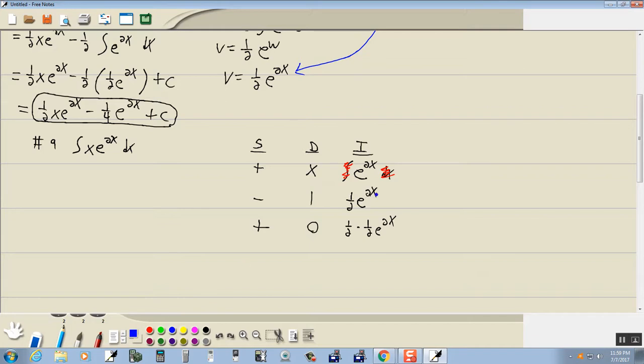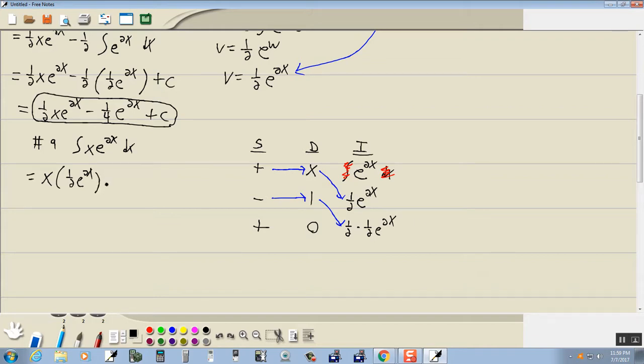Now, you go cross like this, down like this. Cross like this, down like this. Now I don't need to do the plus 0 because that just drops away. But here we got a plus x times 1/2 e to the 2x, which you see is going to give us our first part of the answer here.